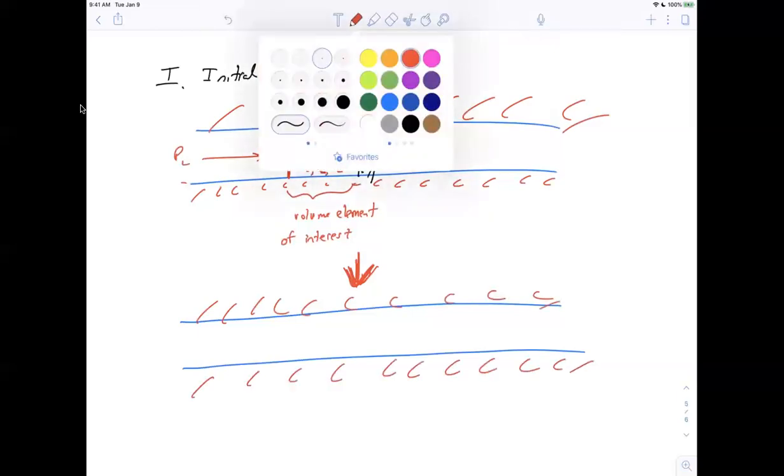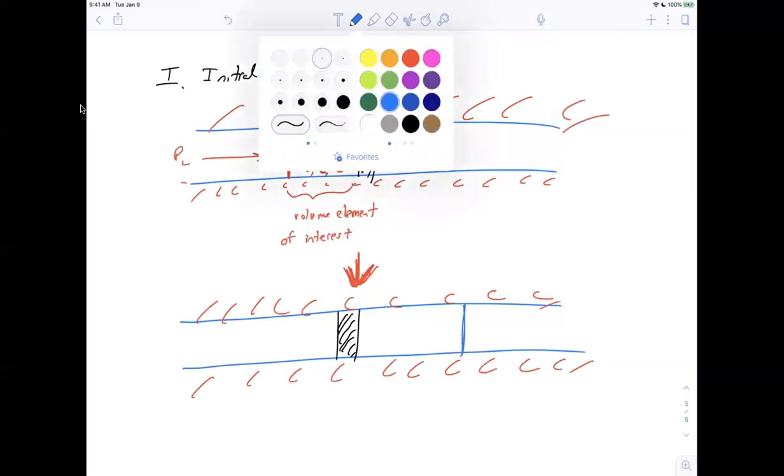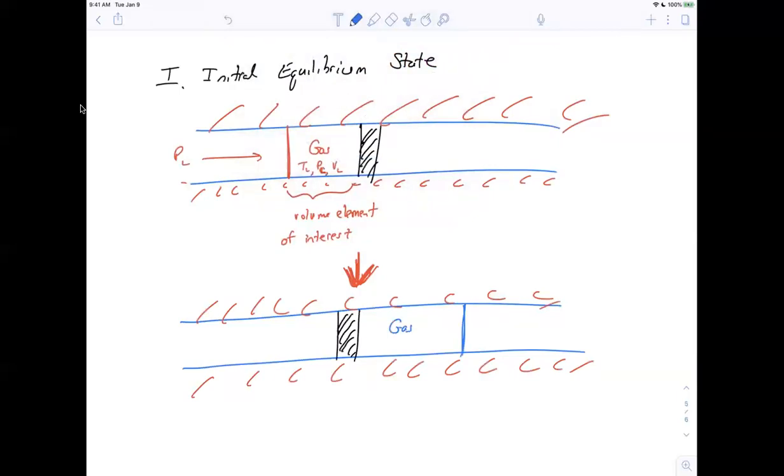Okay, here's our porous plug, approximately in the same position. Now there will be nothing on the left because our volume element has passed through the porous plug, and now our volume element is here. So now I have the gas at T right, P right, V right.